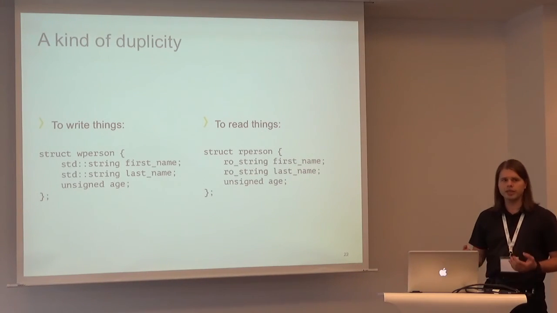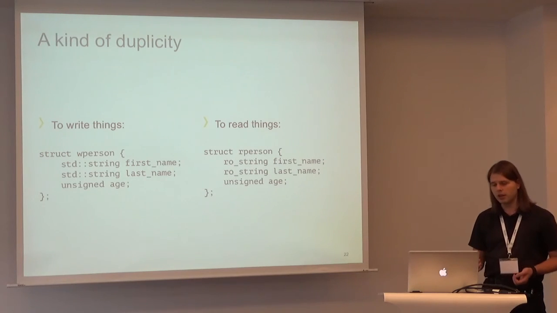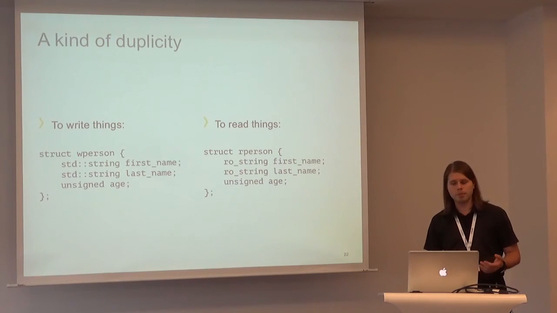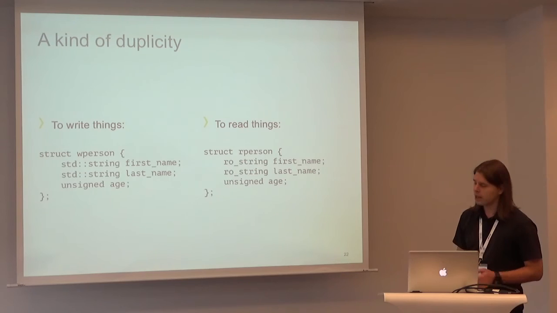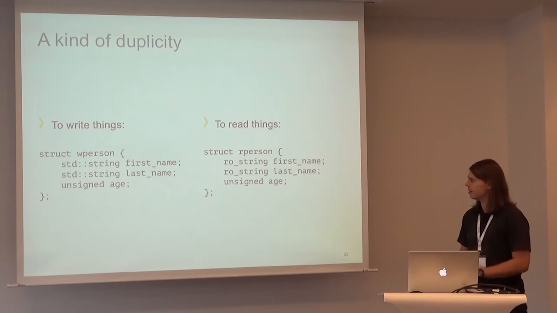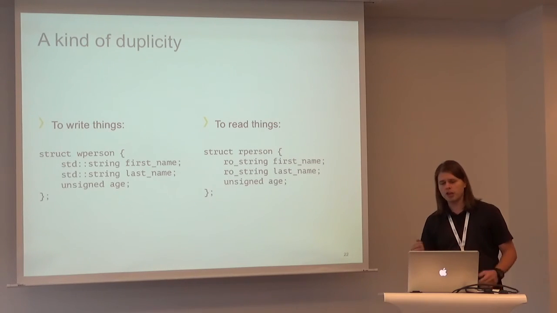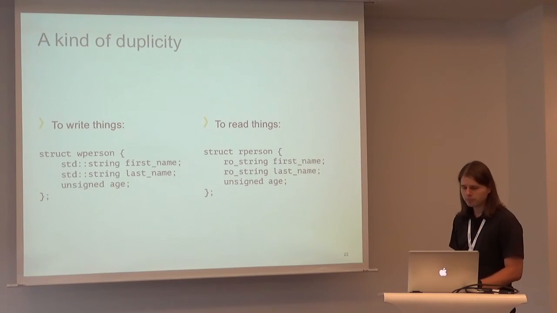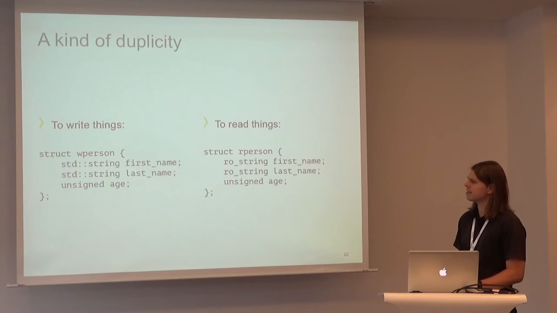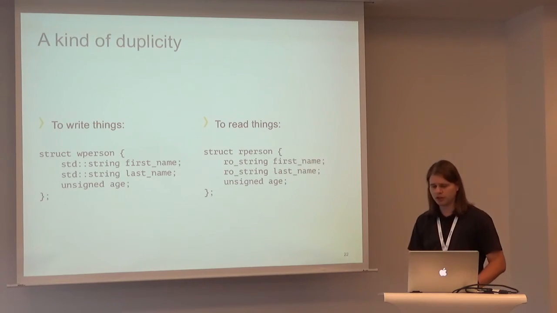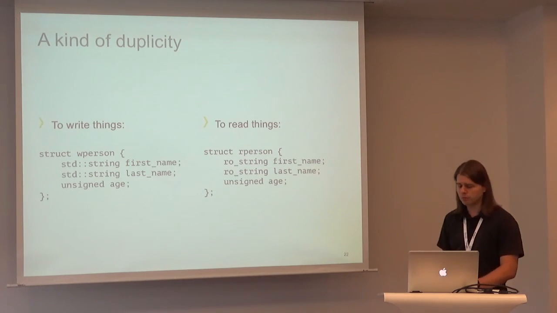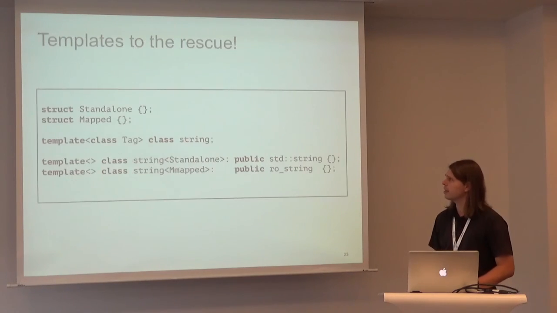And in order to read and use them in a memory mapped file, we need another definition, maybe some struct R person, having very similar fields, but having slightly different types, namely our read-only string, which can be cast and then used.